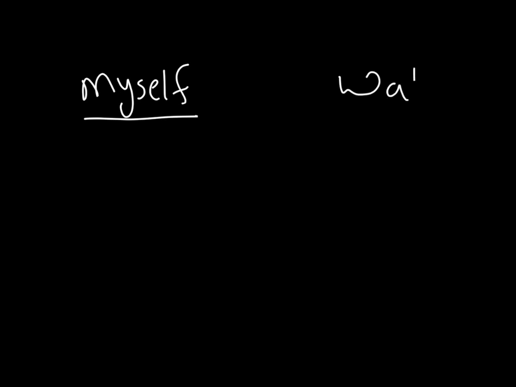So let's say I want to show a relationship between myself, which is a pronoun, and the wall. I want to use it in a sentence as such: I leaned. Here I did an action, and I want to show the relationship of leaning with the wall.